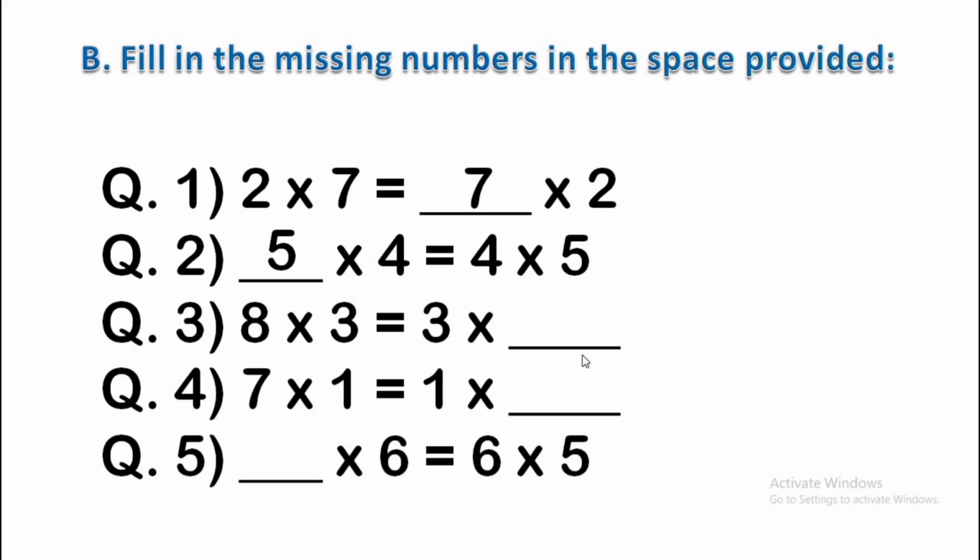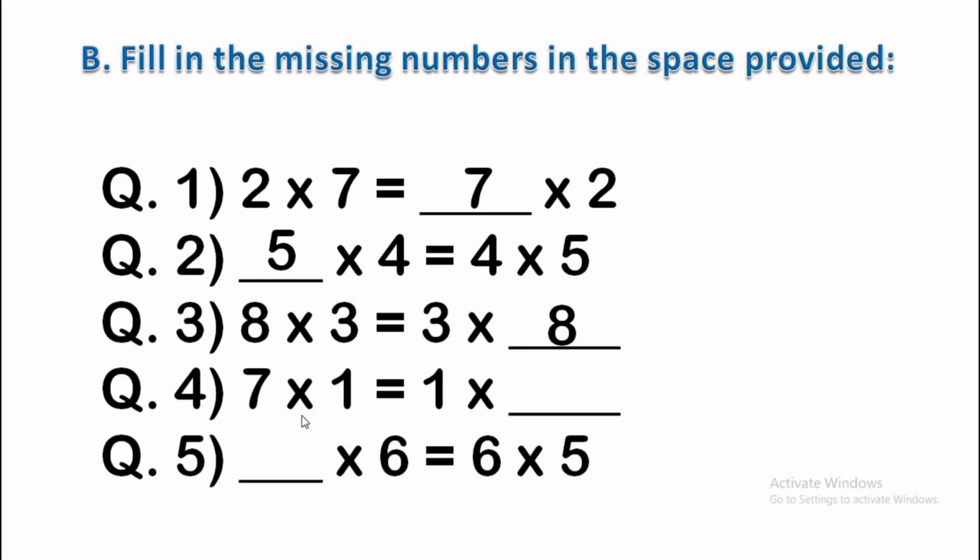So here we will write the number. Let us find out how. Here we have 3 on the left hand side. On the right hand side we also have 3. So on the left hand side we have 8. But here we do not have the 8. So we'll write 8 here.